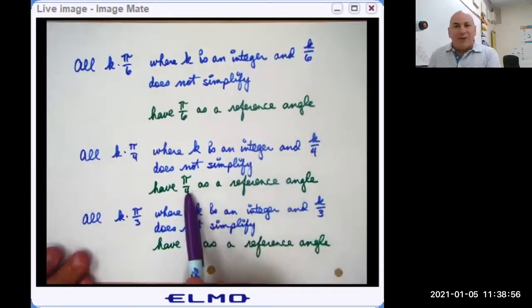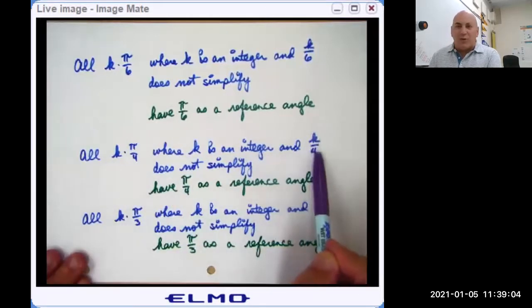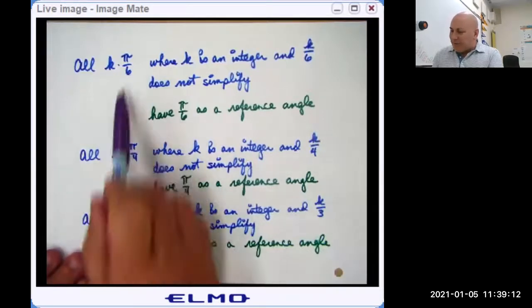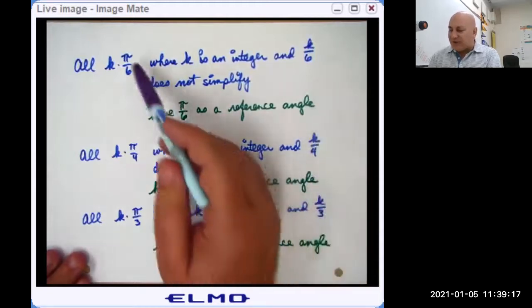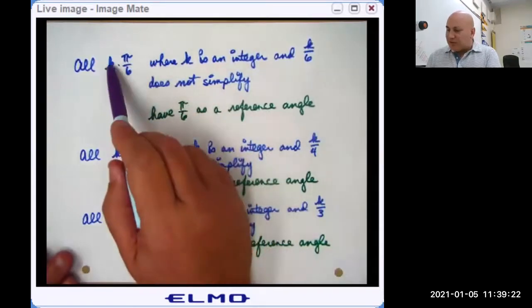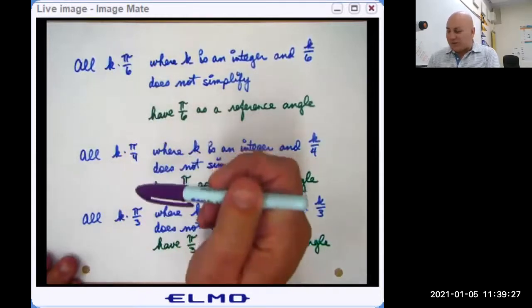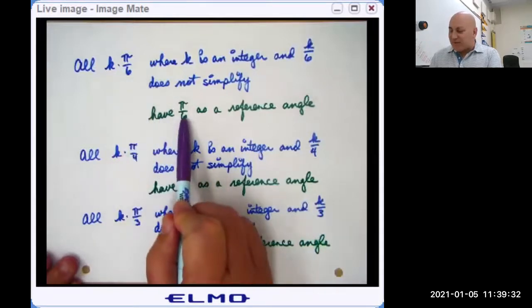So anyway, any angle where this is the case will have pi over 6 as its reference angle. Now, if you have a k pi over 4, and k over 4 doesn't simplify, so 2 pi doesn't work, it's got to be odd numbers: 1 pi over 4, 3 pi over 4, 5 pi over 4, 7 pi over 4. Those all have pi over 4 as a reference angle. But 2 pi over 4 doesn't work because 2 over 4 is 1/2, pi over 2. That doesn't have a reference angle of pi over 4. So what this means is, if in simplest form, when you reduce all the fractions, you end up with an integer times pi over 6, for instance 5 pi over 6, then that angle will have pi over 6 as a reference angle.